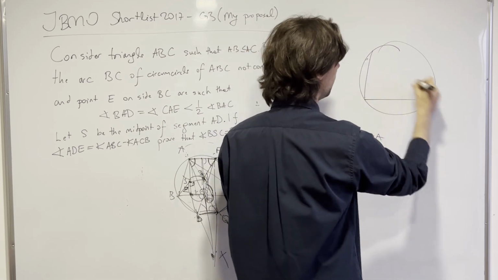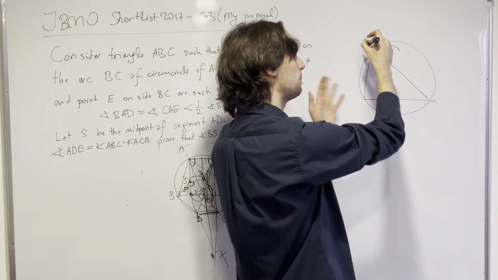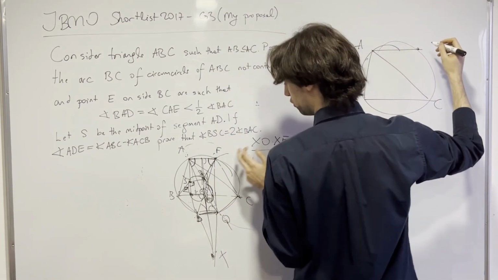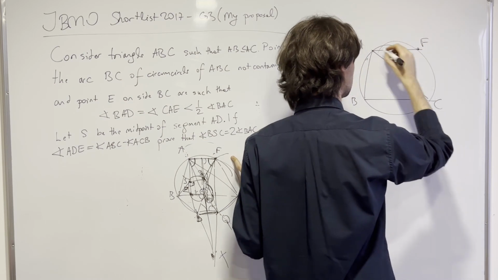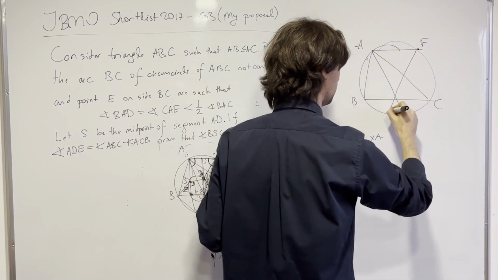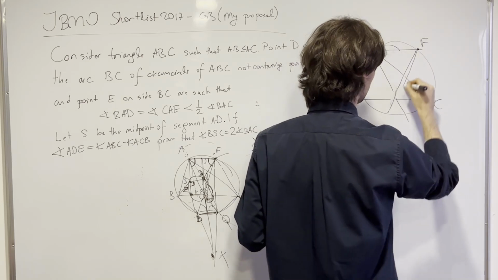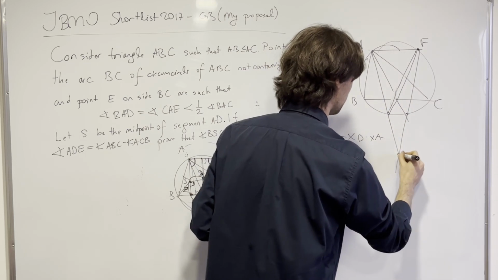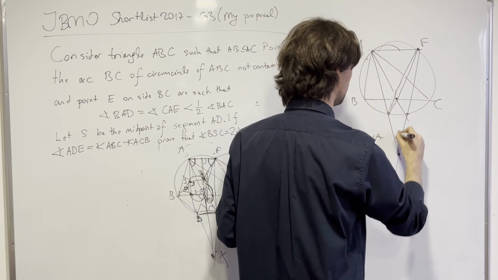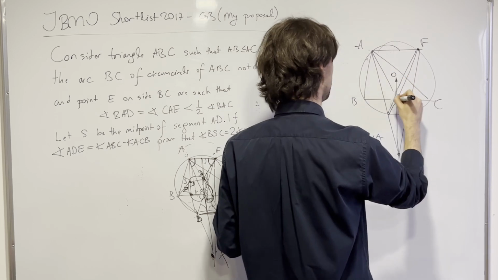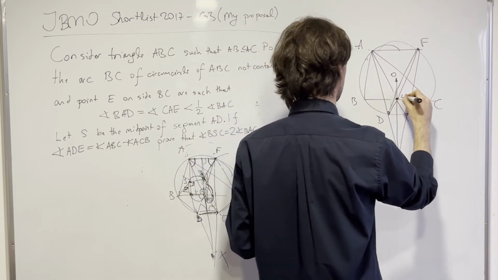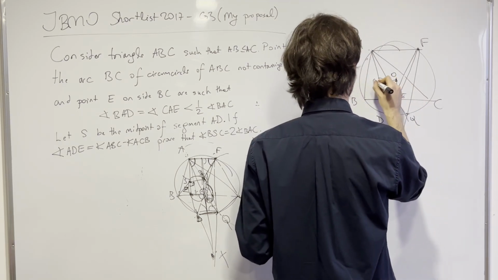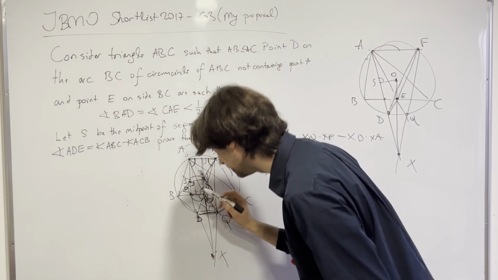I would invite you to pause for, say, 10, maybe 20 minutes if you don't have any practice with power of point, and see what you get when you make these intersections here and here. This point X, call this point O. So what do you get from the power of point? E, Q, S, and I called this Z.